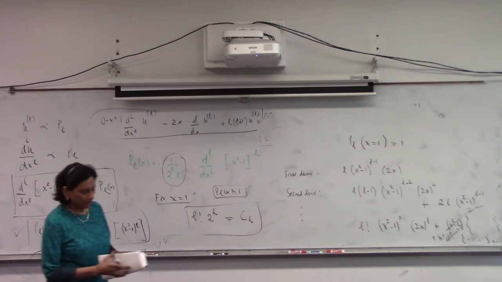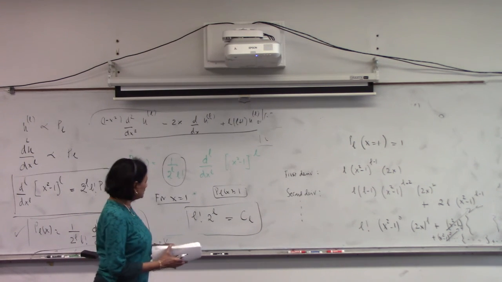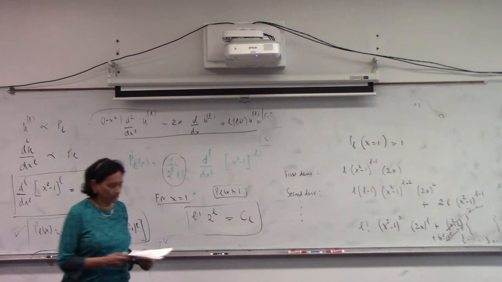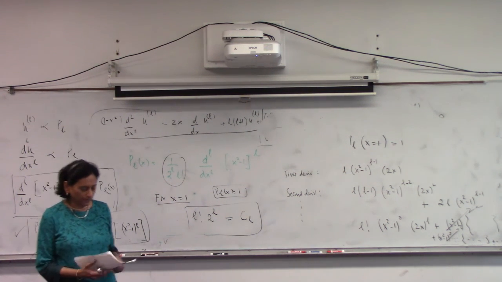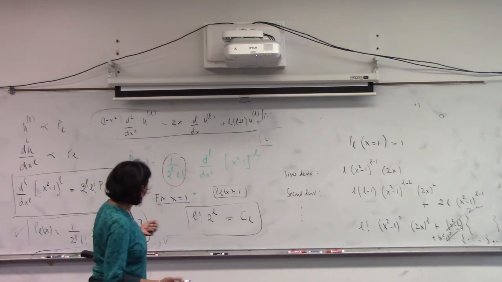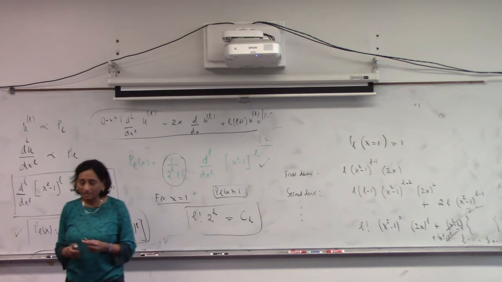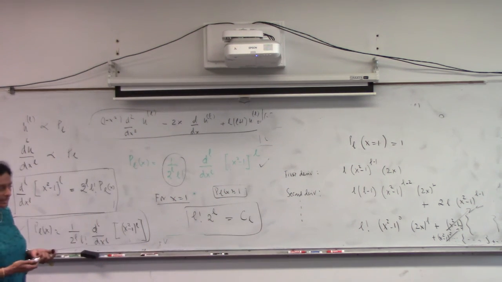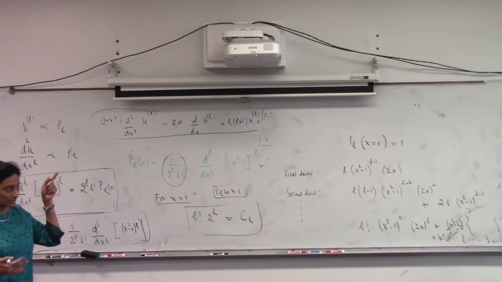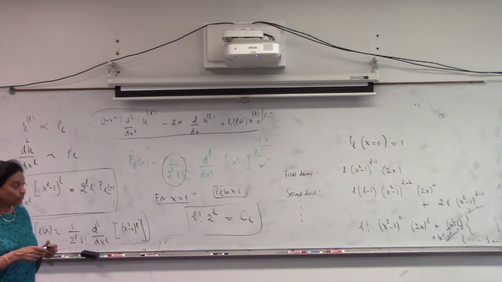Okay, so you can see this is useful again to generate Legendre polynomials of high order. And again, for different special functions, you have different kinds of representation. Bessel function has an integral representation, which is also very useful because in optics you use that representation quite often.